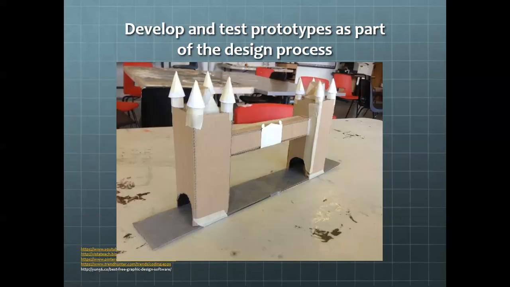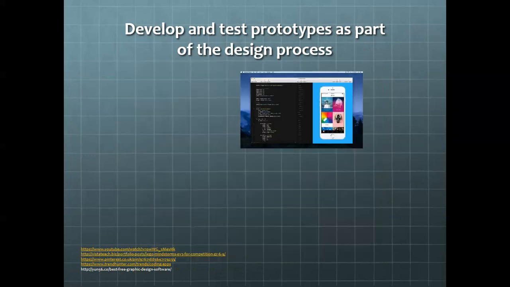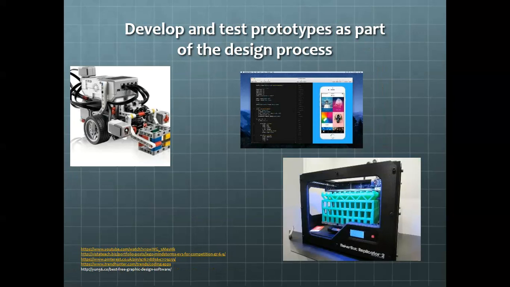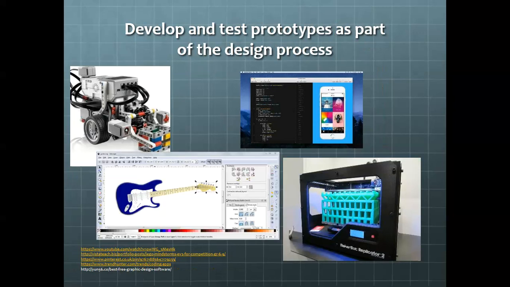Once the design process is underway, students need to create models in order to test their hypotheses. In the past, students might make cardboard models or pipe cleaner representations. 21st century students have an entirely new array of digital tools to create prototypes, including app coding, robotics, 3D printing, or graphic design programs.